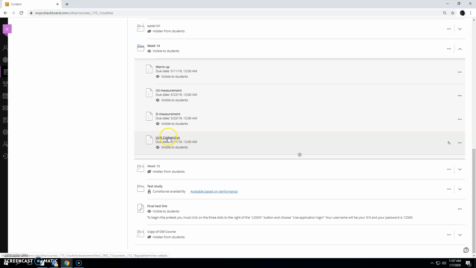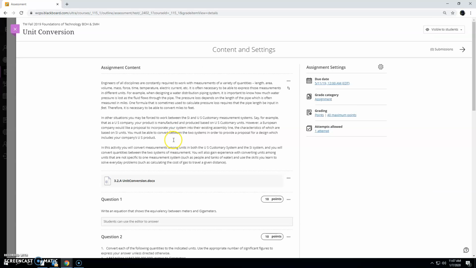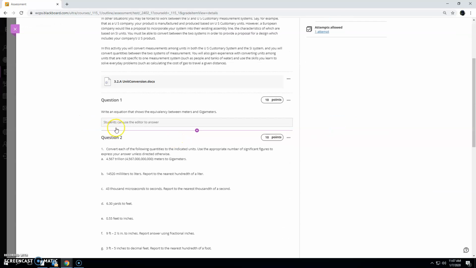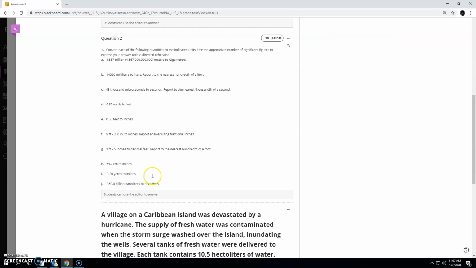The final assignment, the takeaway assignment for this week, is going to be an assignment called unit conversion. Now we understand that we can convert inches to feet, to miles, or even to meters. All of those units with the correct multiplier can be converted to the other system or other scale of measurement.